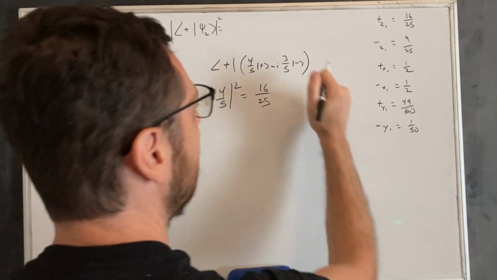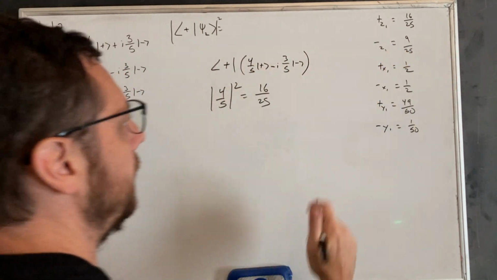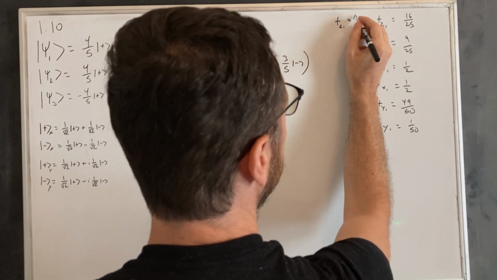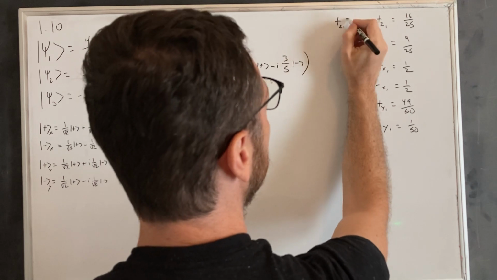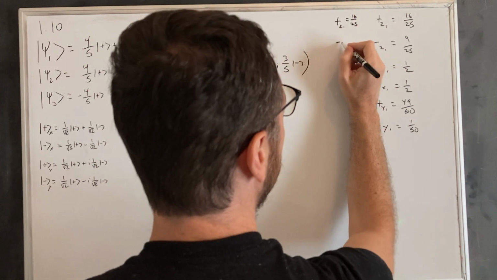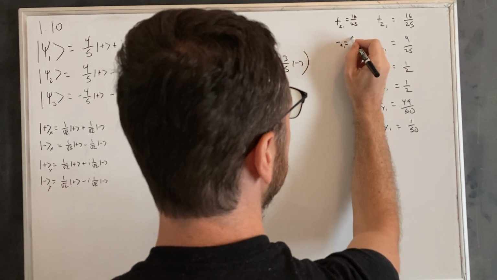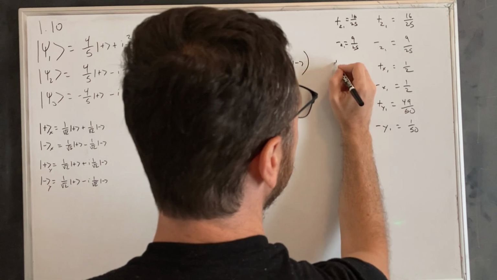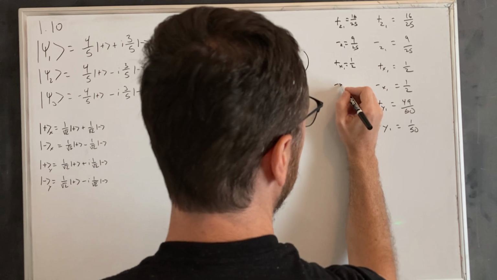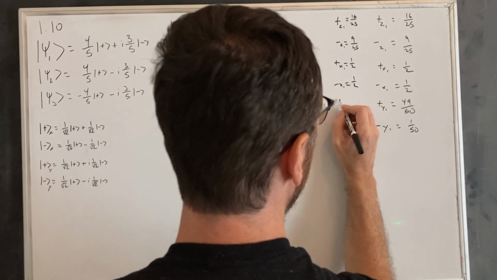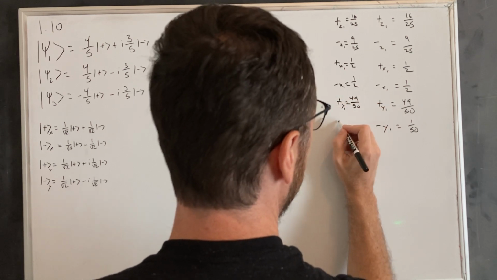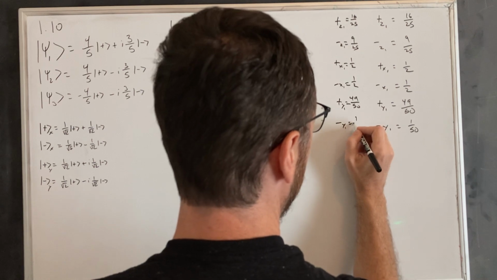Let me rewrite this real quick: plus in z equals 16 over 25. Down in our z for the first state equals 9 over 25. Plus in our x for the first state is 1 half. Down in our x for the first state equals 1 half. Up in our y for 1 is 49 over 50. And our down in our y equals 1 over 50.